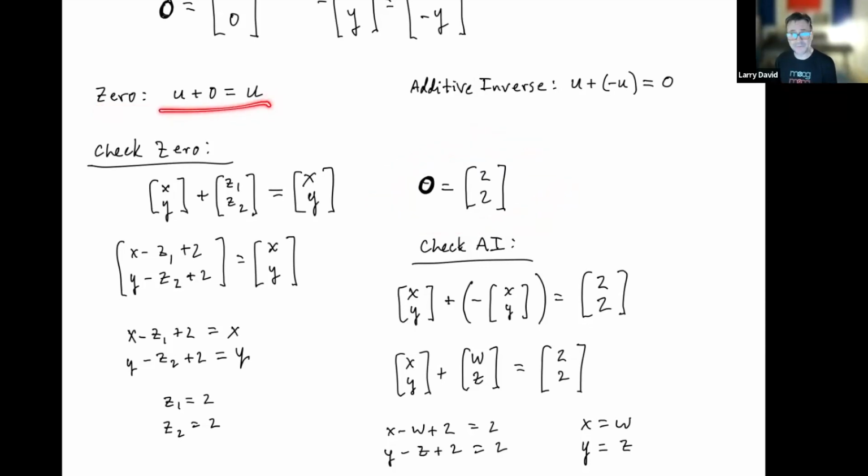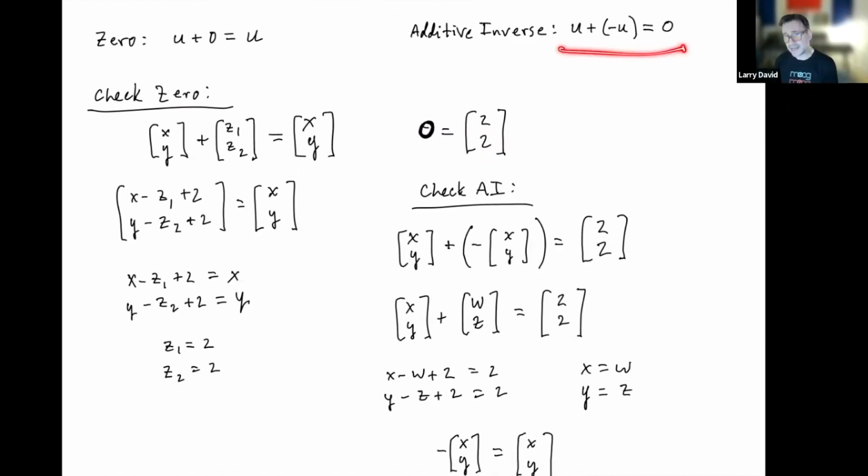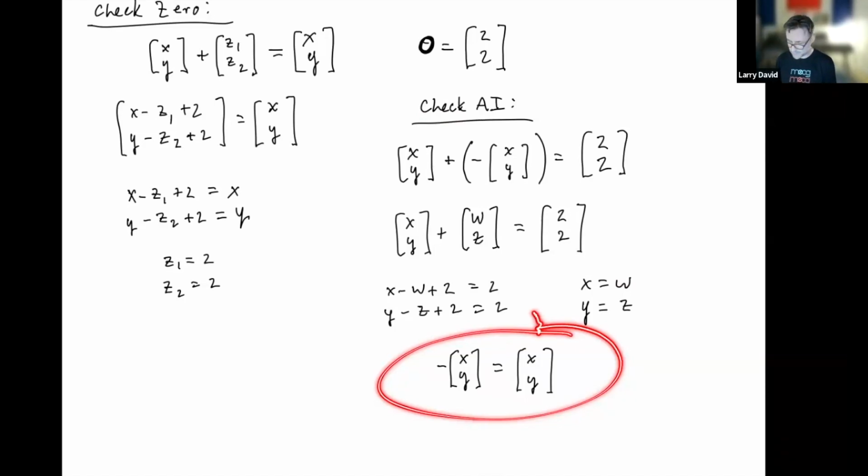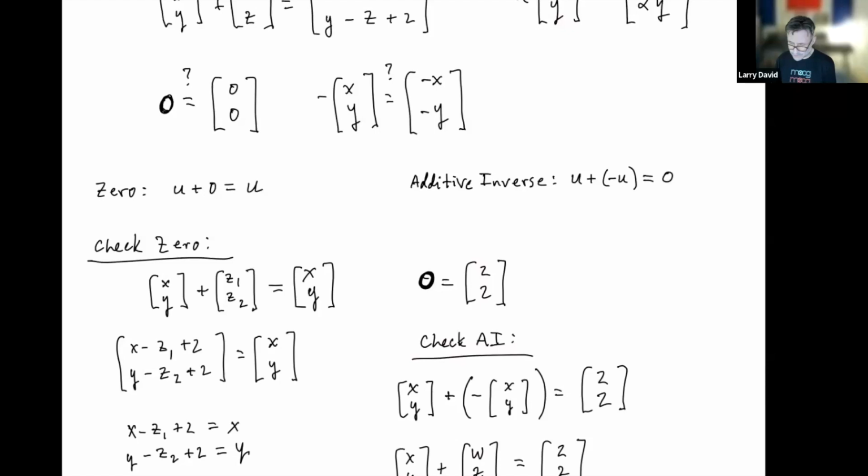If the zero axiom were not satisfied, there would be no zero vector. It wouldn't exist. Likewise, we used the additive inverse axiom, we checked it, and in that process we discovered what the additive inverse vector is. So don't assume what those things are, check them, and figure out what they are if they exist.